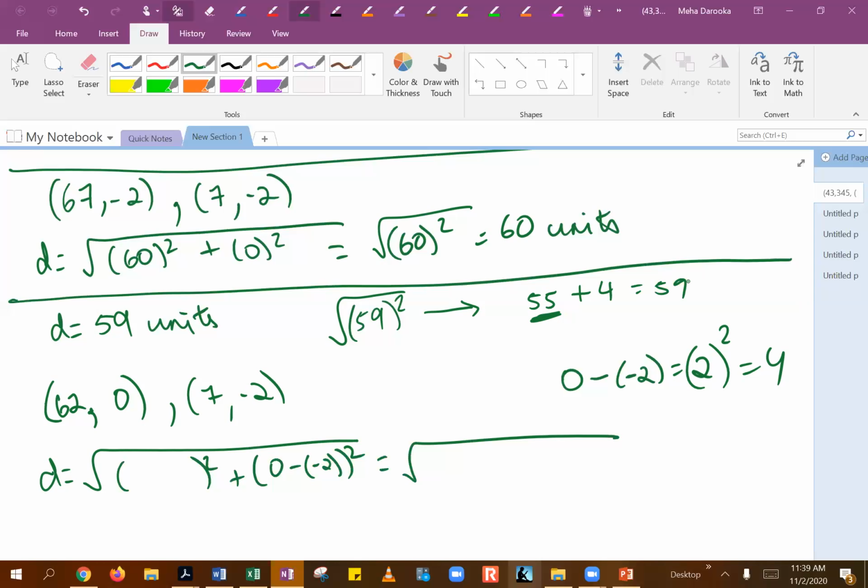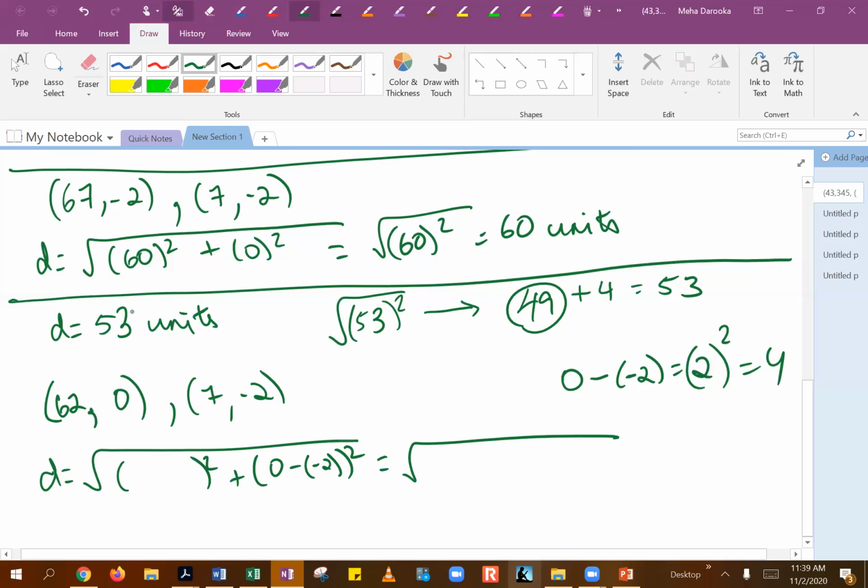Well, let's see, if I can make this 49, because 49 is a perfect square. 49 plus 4 will give us 53. So I can actually change this to a distance of 53 units.